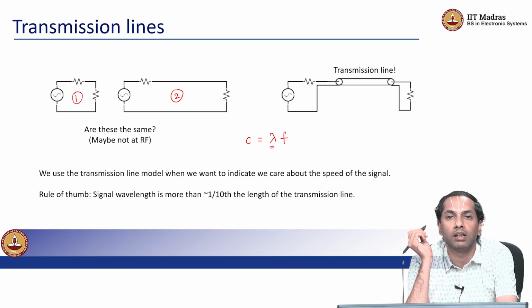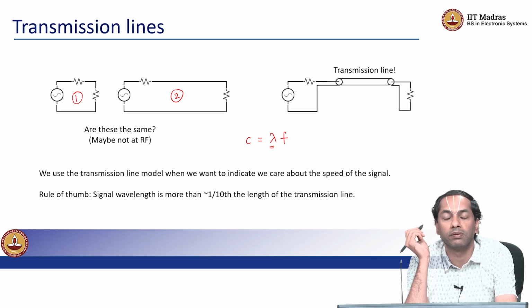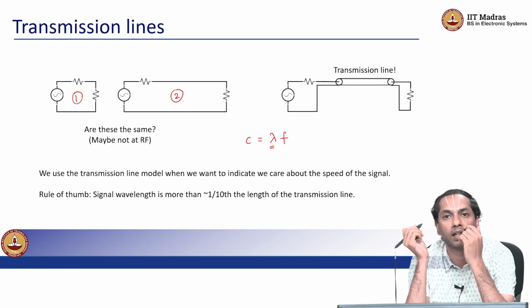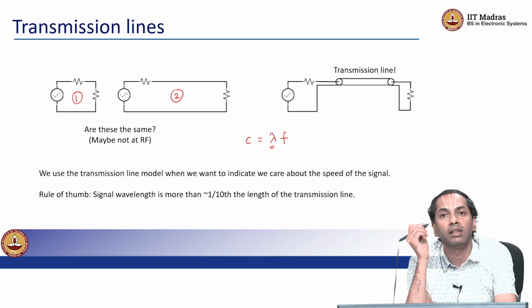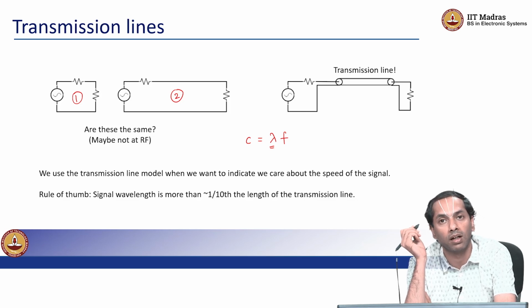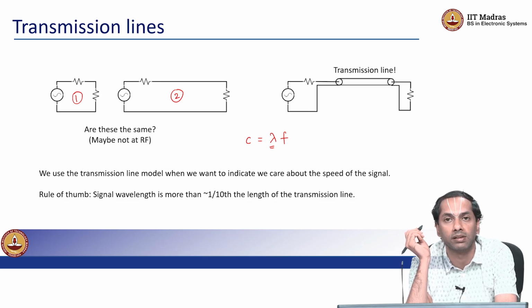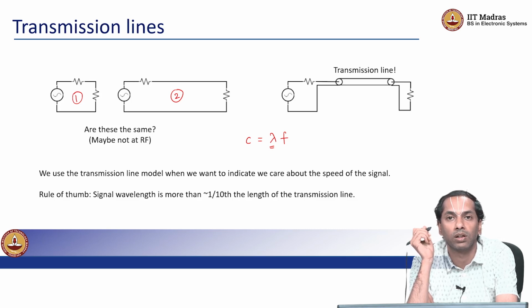If I find out that the circuit has a size that is on the order of lambda, or maybe even larger than lambda in some cases, then transmission line effects are important to consider. The so-called retardation effect between the cause and effect needs to be considered in order to explain the phenomena or the behavior of this circuit.